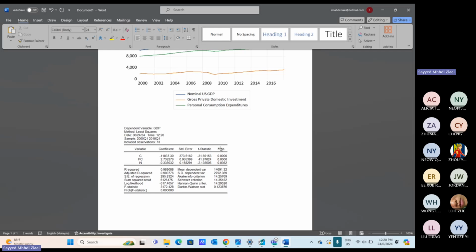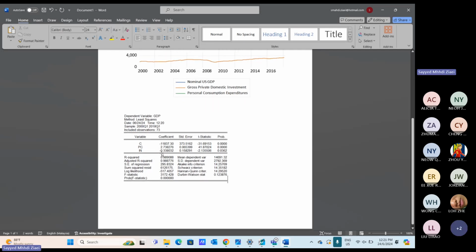So it means there is a significant positive relationship between private consumption and GDP, and there is a negative relationship between IN and GDP, which is not meaningful, because we know there's a positive relationship between investment and GDP.